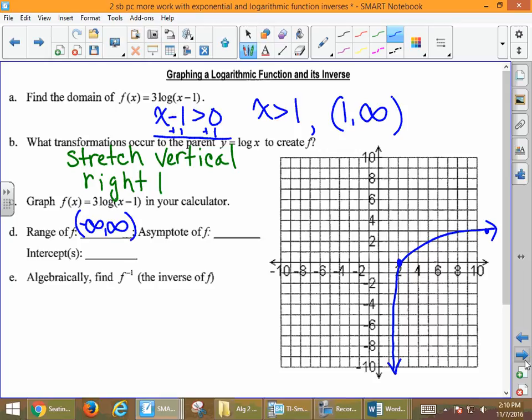Let's deal with the intercept here. Do we have any intercepts in our graph? It looks like we have a value of 2, 0. Do we have an asymptote in here? We actually do.